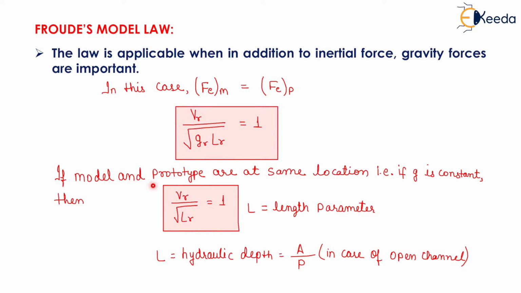If model and prototype are at the same location, that is, if g is constant, then Vr upon under root of Lr will be equal to 1, where L is the length parameter. Now L will be the hydraulic depth, which will be equal to A by P in case of open channel, that is, wetted area upon wetted perimeter.